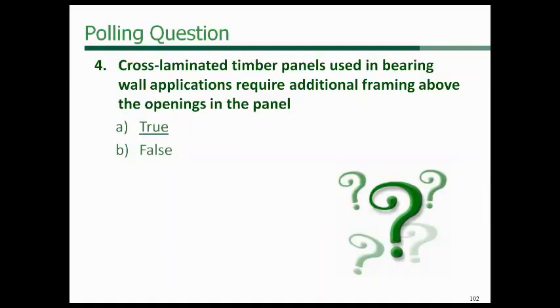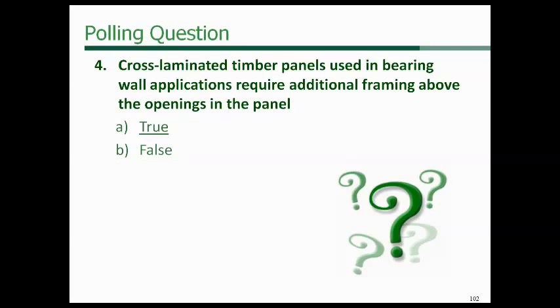And the answer is true. So that was something that we had discussed when used in a bearing wall application. You will need to have a separate header that will carry those loads over the opening because of the nature of how CLT is produced.